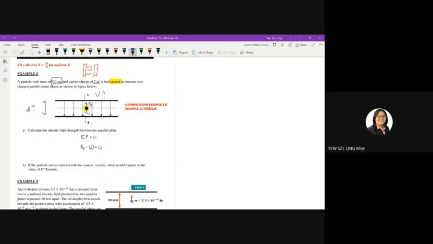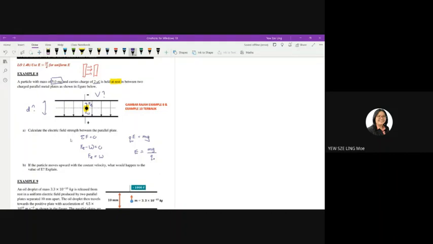That is the reason why it remains static, because the net force acting on the charge is 0. If you rearrange the equation, then Fe equals W. The electric force acting on a charge is QE, so QE equals mg. So E is equal to mg divided by Q.